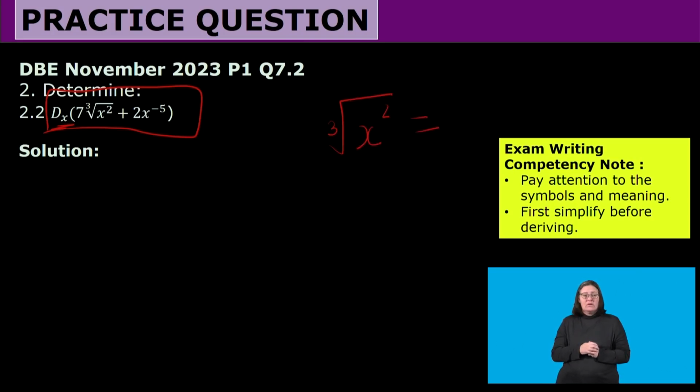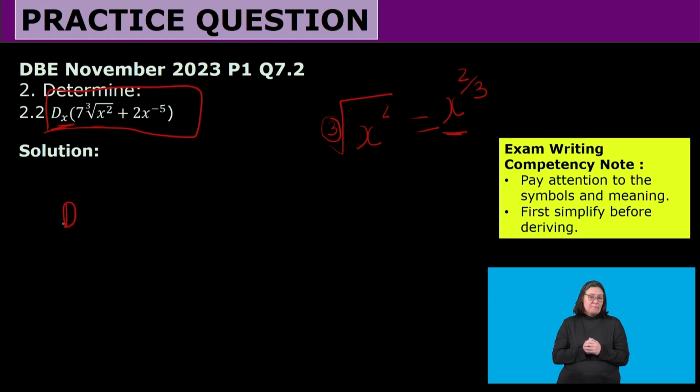To get this expression in a form where we can find the derivative, we need to rewrite this with a rational exponent. The power inside stays as the numerator, and the 1 in the root sign becomes the denominator. So we first have to simplify the expression with the surd into an exponential form that we can now derive.